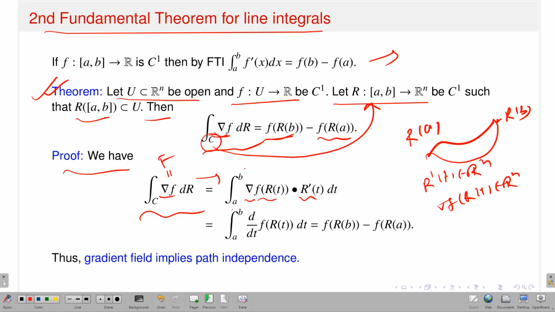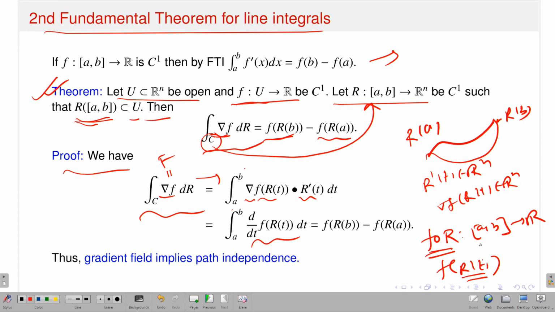So, now if I take the dot product, it will be a scalar and it is nothing but actually the derivative of this function, because you see if I take the composition function f composed with R, it is a map from [a,b] to R. Okay, because R is a function which maps [a,b] to Rn, and this is a curve, and small f is defined on U which contains my R of [a,b]. So, therefore, this composition makes sense, that means f of R(t) makes sense because the range of R is contained in the domain of f, that is why R of [a,b] is contained in U and f is defined on U.